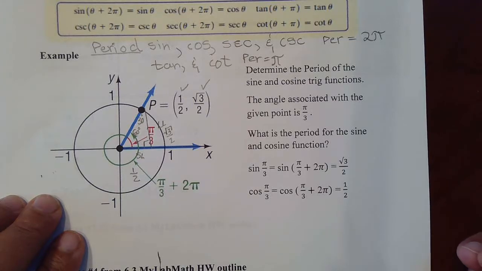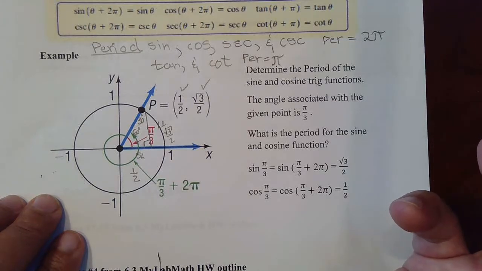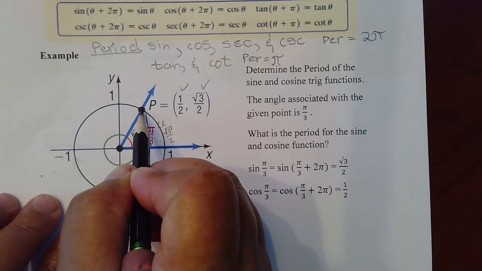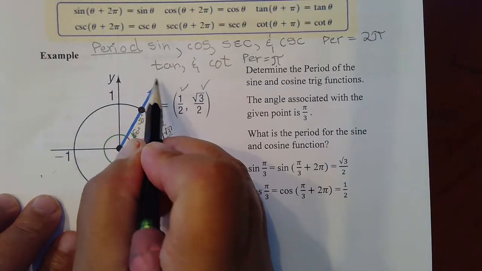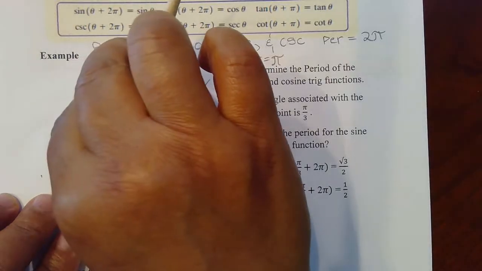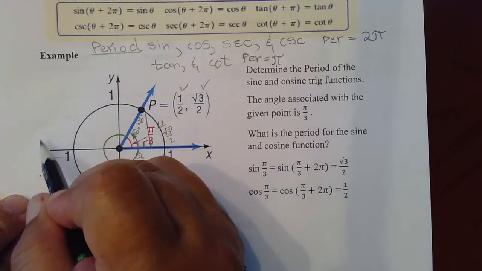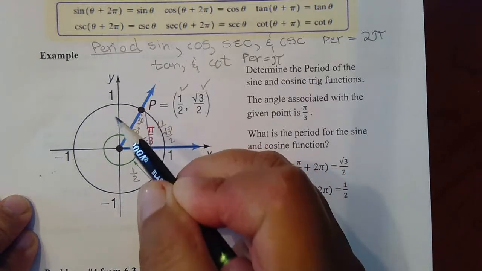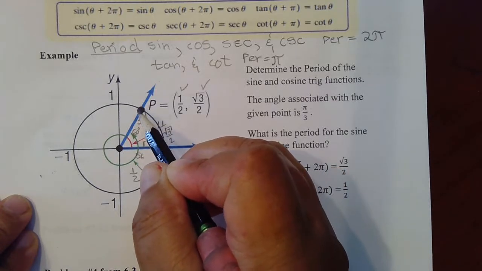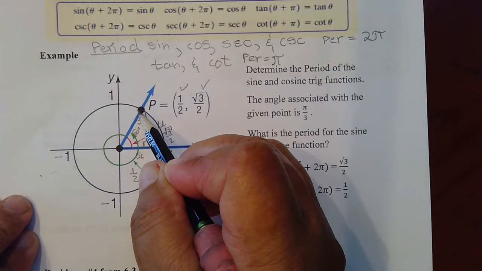So what the discussion about being periodic is this. If I'm at pi over 3, I've rotated pi over 3, or what we call 60 degrees, and then I went an extra 2 pi, I would land right there again. When you rotate a full revolution or 2 pi, you land right back where you started from.